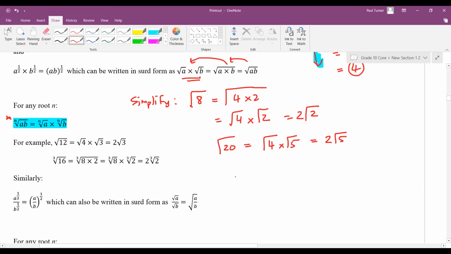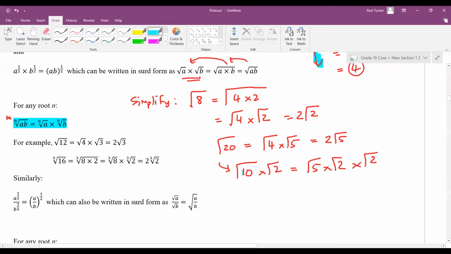If you went the wrong way and you went root 10 times root 2, that's okay. But what's root 10? Root 10 is root 5 times root 2. Two 5s are 10, but you still have a root 2 here.